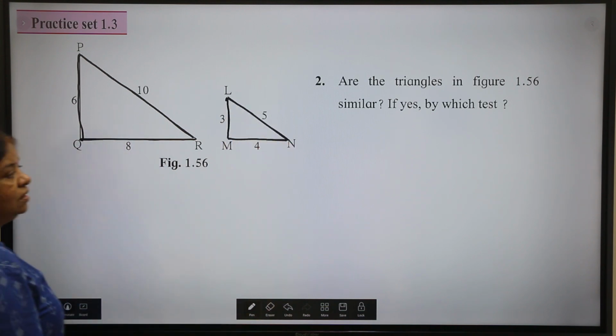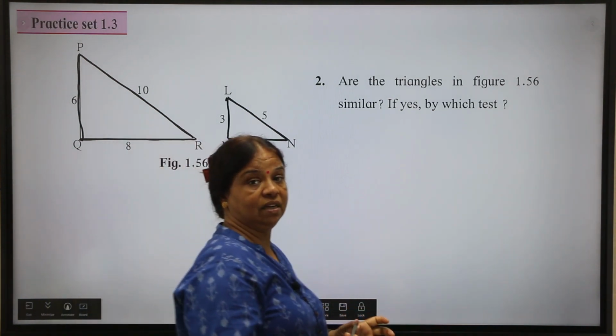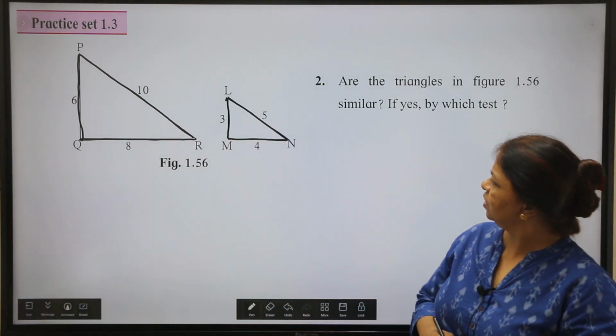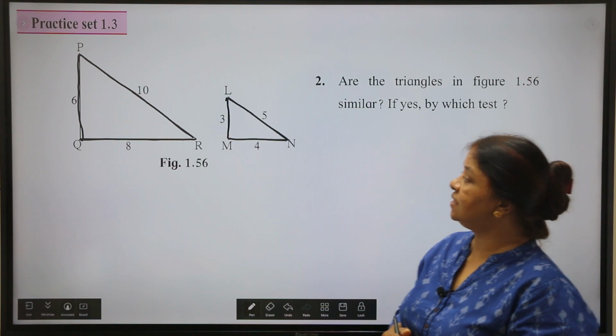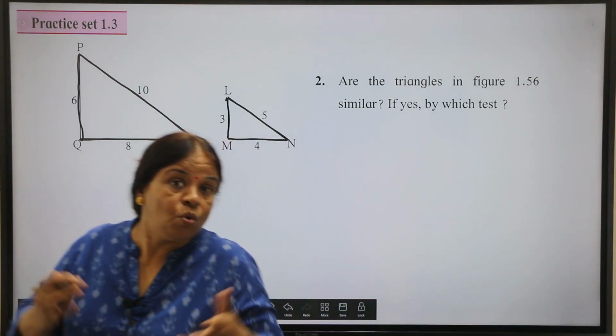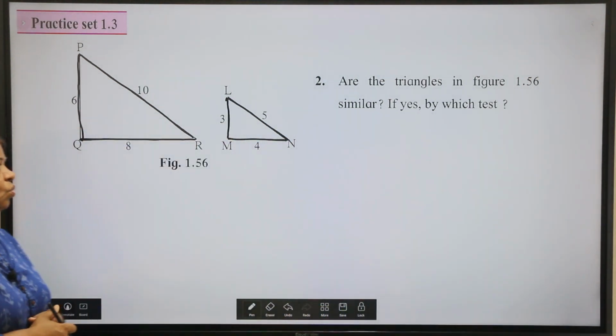Are these triangles similar? And if they are similar, by which test they are similar? We can see only the sides are there. There are no angles given. So let us see the corresponding sides.